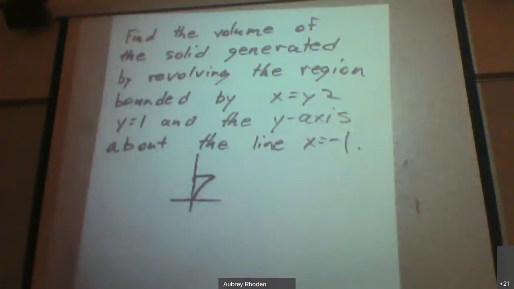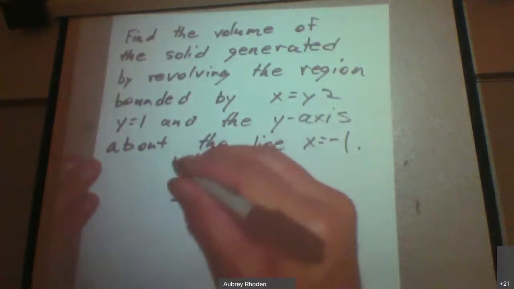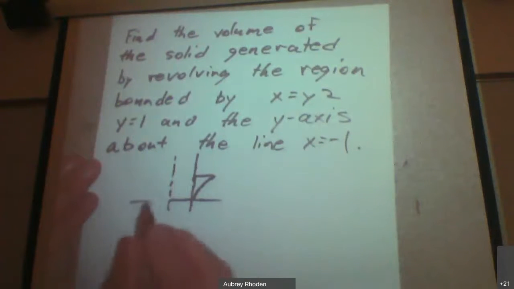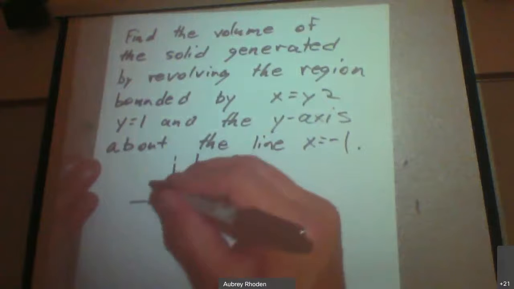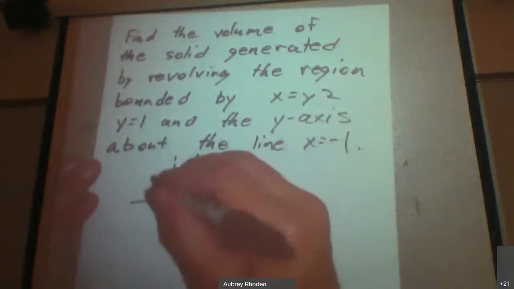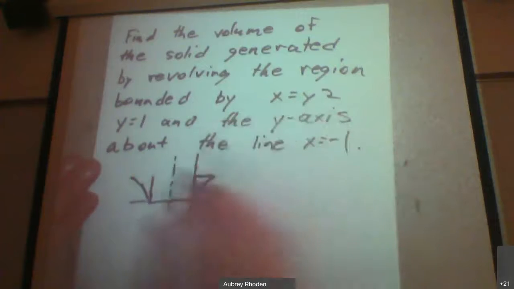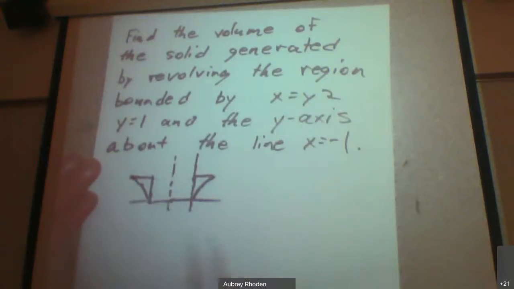Okay, so that's the area that is going to get revolved, and it's going to be revolved around x equals -1, like so.